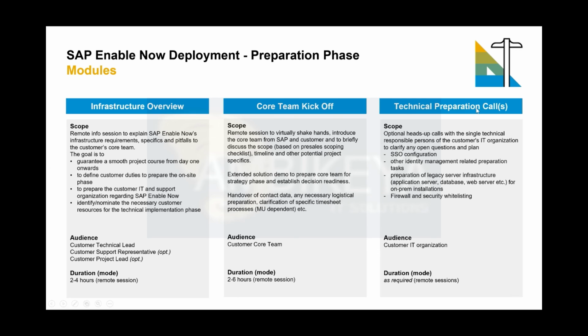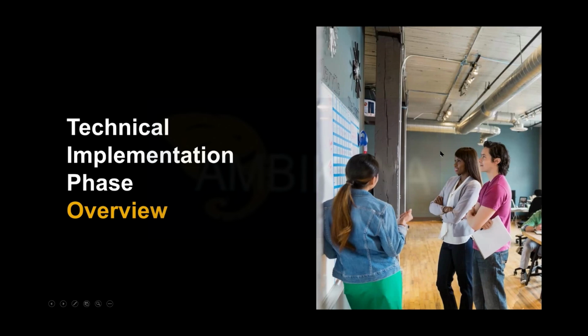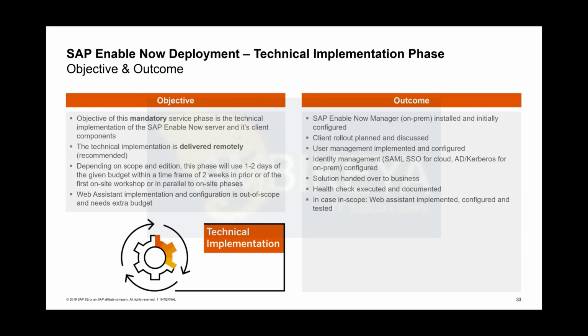Technical prep calls in preparation of the technical implementation took place. So we move over to the technical implementation phase, which is basically a parallel stream of actions to take. In the best case remotely, but as mentioned earlier, in high secure environments or government or whatever, this will not be feasible, but it's always meant as a recommendation.